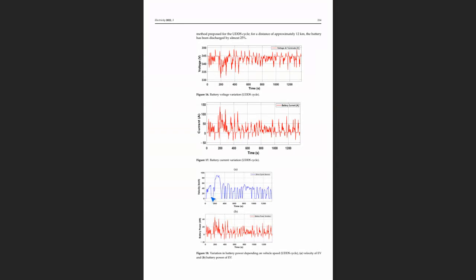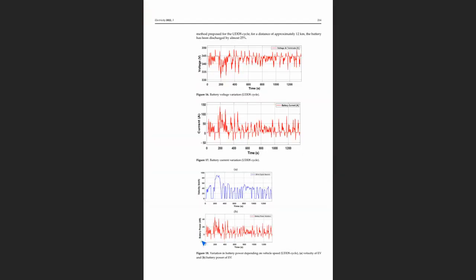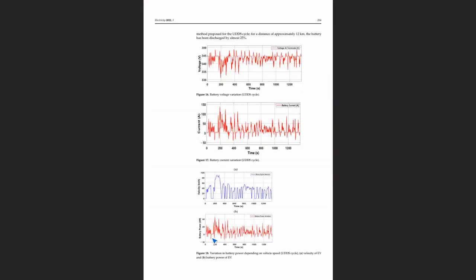You have a feedback. You will show in your midterm project the comparison of the reference speed value and the measured speed value. Next one, battery power variation. It means the motor power variation. You will show this as a fourth item.